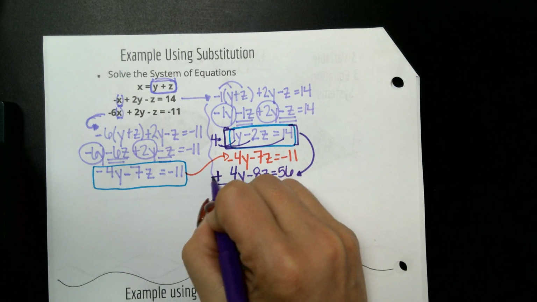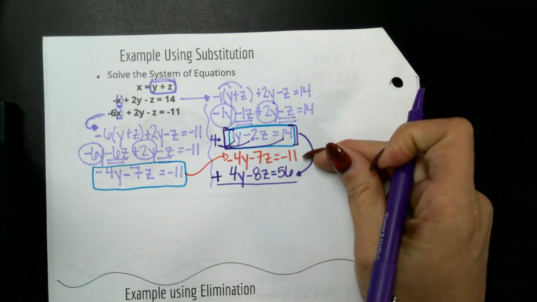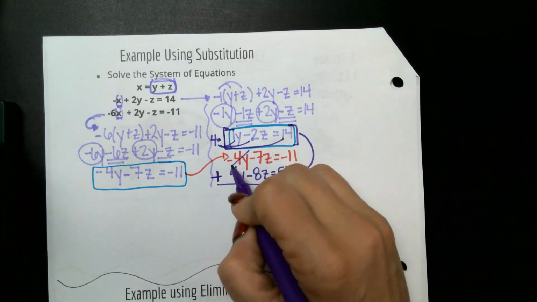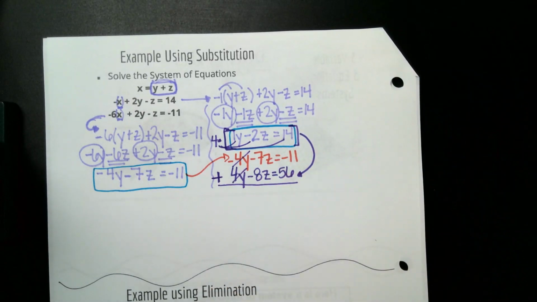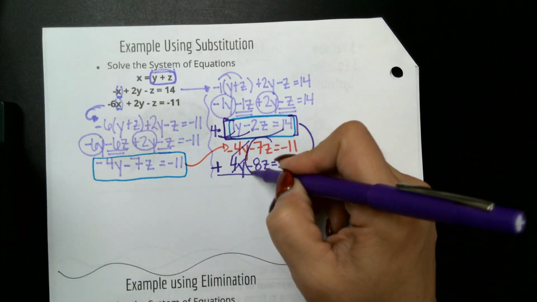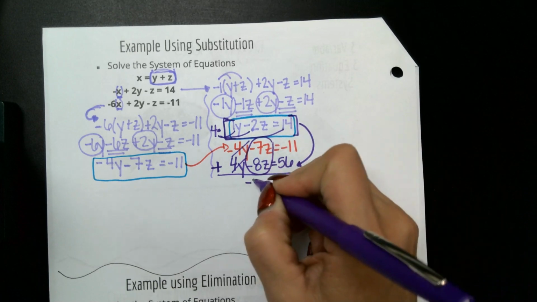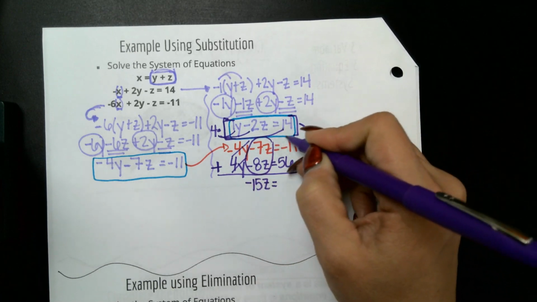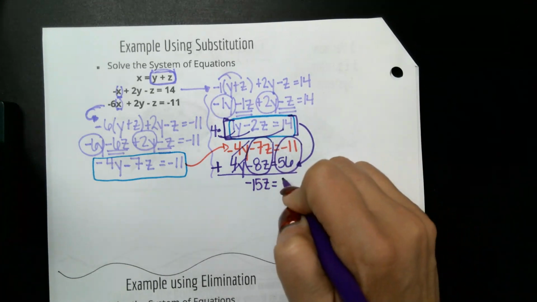Now, if we put this red and purple equation together, y's disappear. And let's solve for z. What's negative 7 minus 8? Negative 15z equals, and then what's negative 11 plus 56?